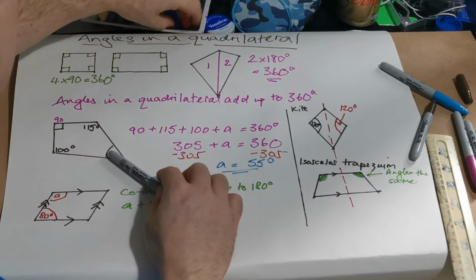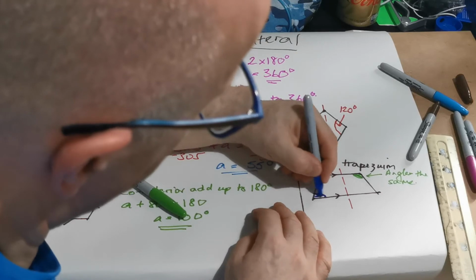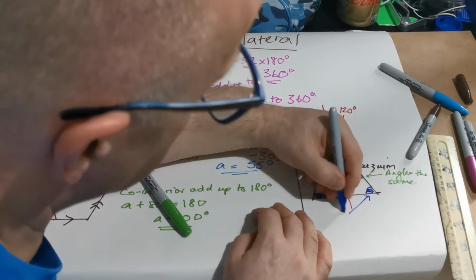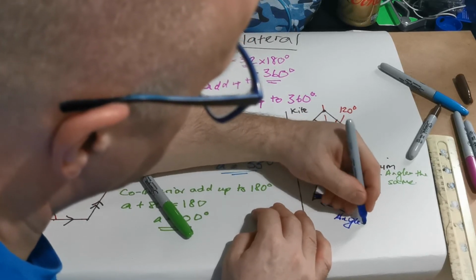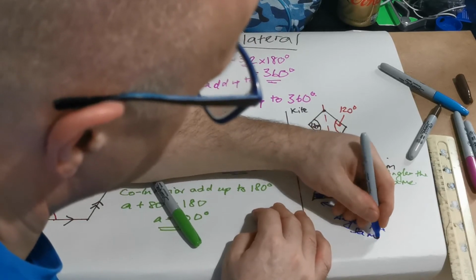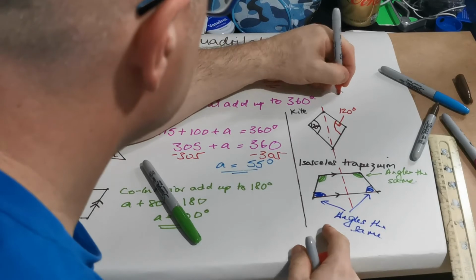And also these two acute angles would be the same as each other, just because one's a mirror image of the other. So what skill we're calling on there is symmetry.